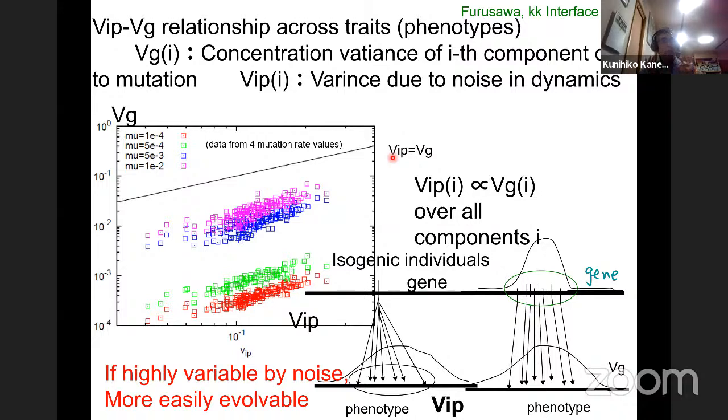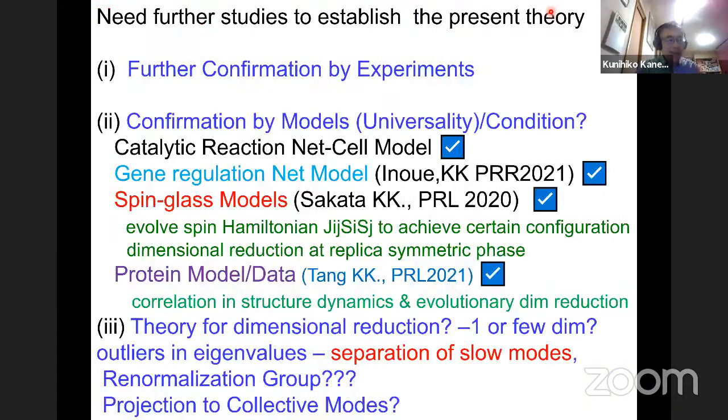So we can predict, in some sense, phenotypic evolution. And this is consistent with the experiment as shown here. Okay, I'm sorry, I don't have time. We need, of course, further confirmation by experiments of this low-dimensional reduction theory and global proportionality.